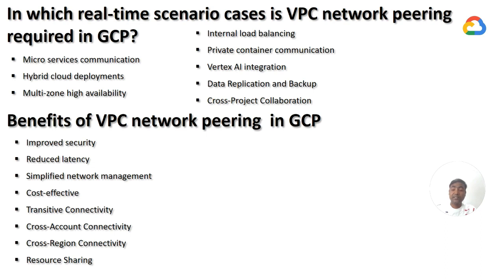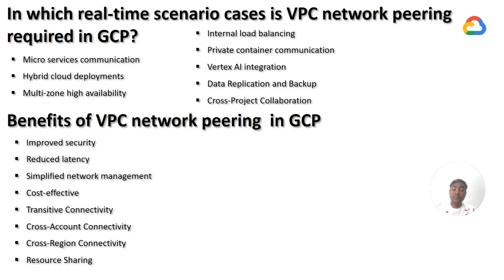And transitive connectivity, guys: VPC peering supports a transitive relationship. It means if VPC A is peered with VPC B and VPC B is peered with VPC C, then VPC A can communicate with VPC C through the peering connection. This flexibility simplifies network design and connectivity.